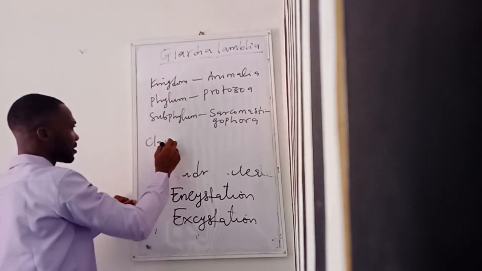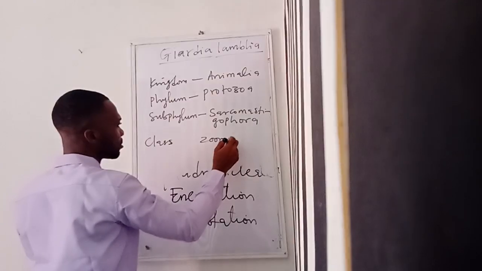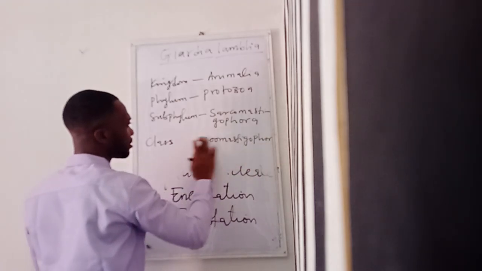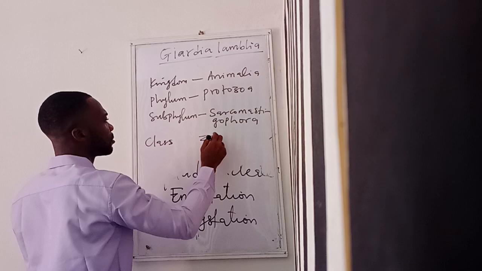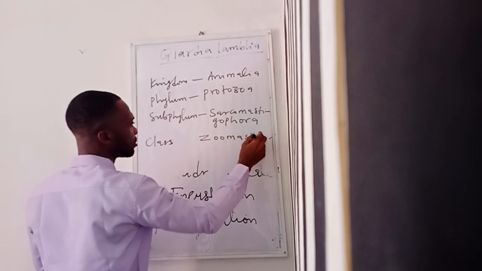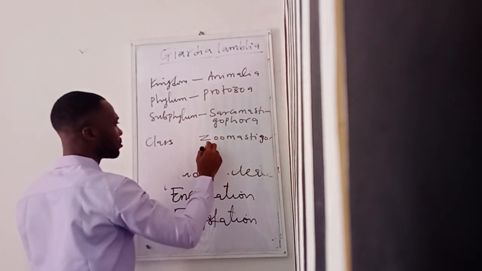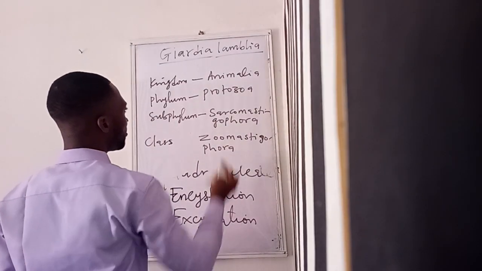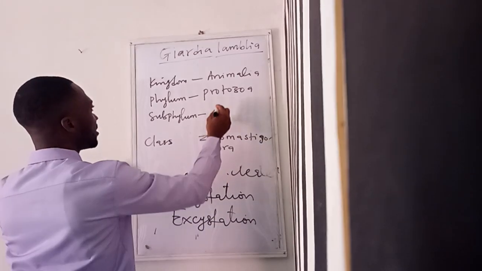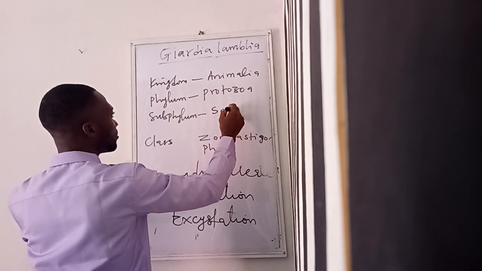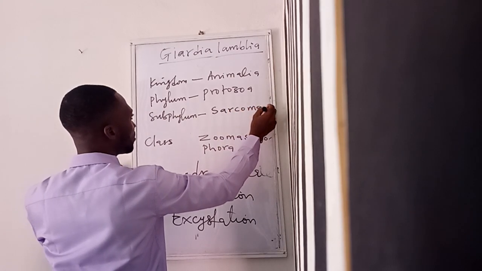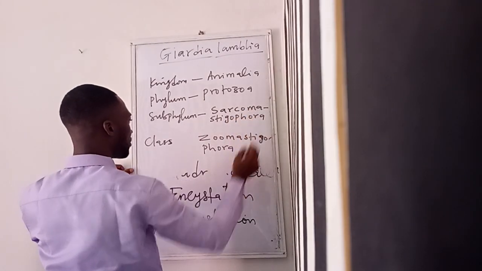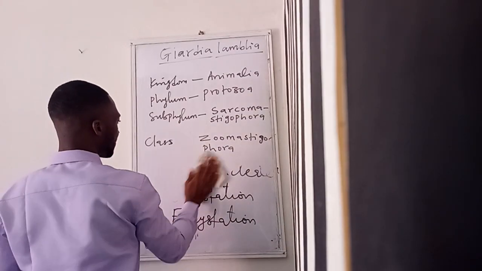Then class is Zoomastigophora. So let me rewrite this Sarcomastigophora so that you'll be seeing it. This is the classification of Giardia lamblia.